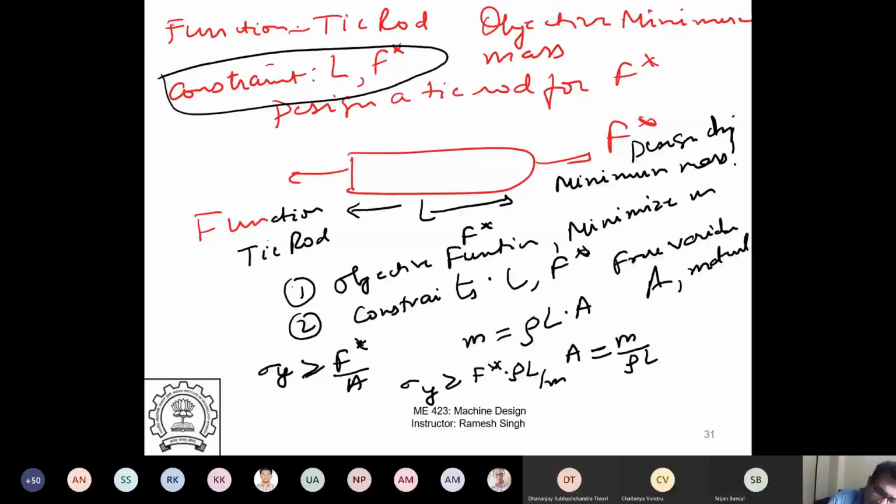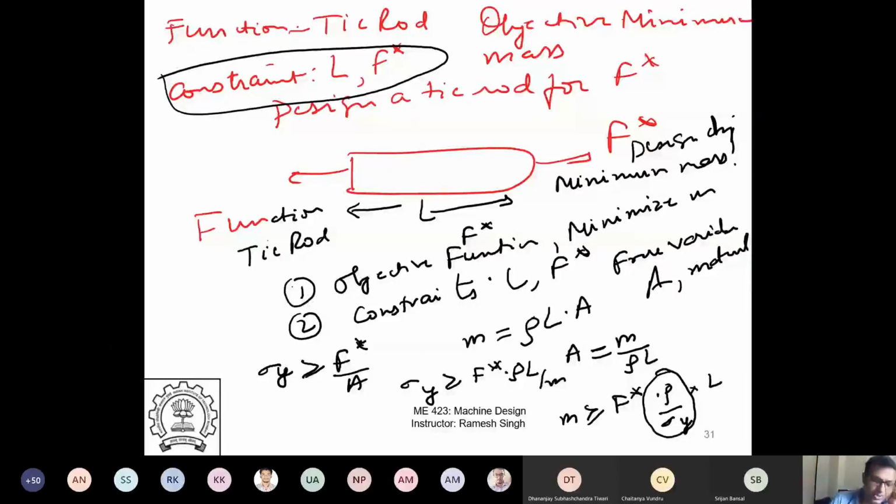So my m should be greater than or equal to F star rho by sigma y, times L. So if I have to make m the lowest value, rho by sigma y should be minimum, or sigma by rho should be maximum, right?